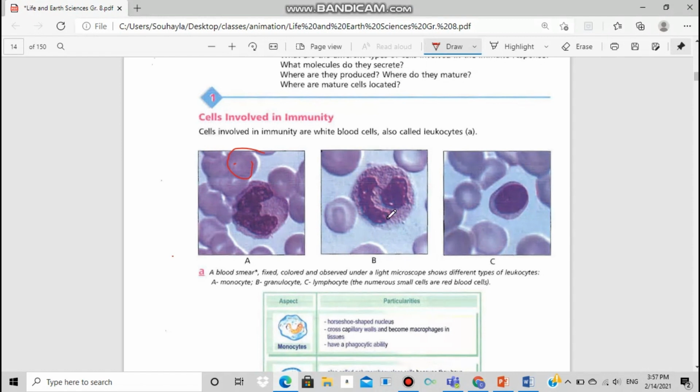So from the morphological point of view, according to morphology, we can distinguish between each cell according to the shape of the nucleus. Each cell has its own shape of nucleus. This is from the morphological structure aspect.